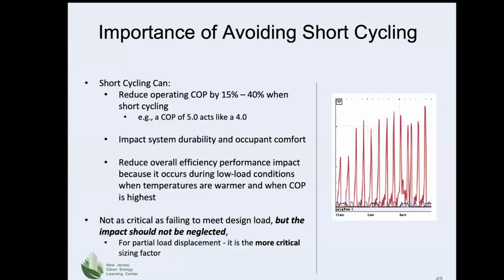And then if you take a middle number, say 20%, that would mean that the COP, instead of being 5, would really operate as more of a 4. There's also an impact on the equipment life and the comfort of the occupants.